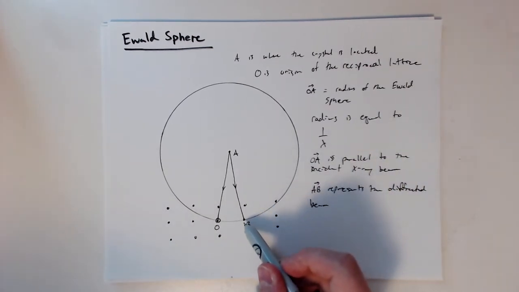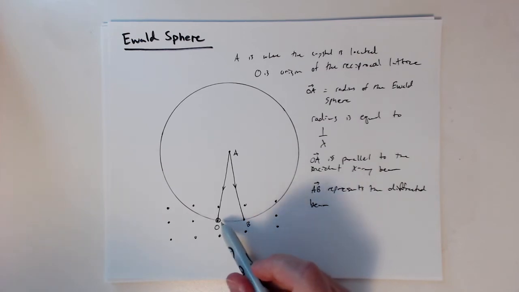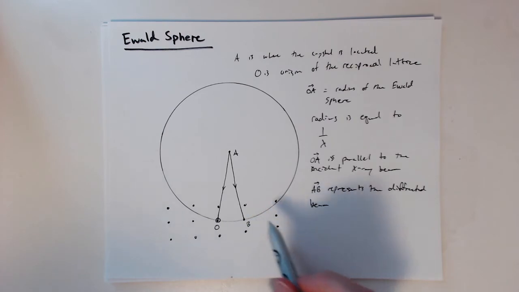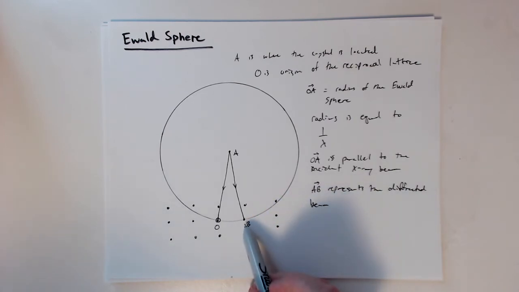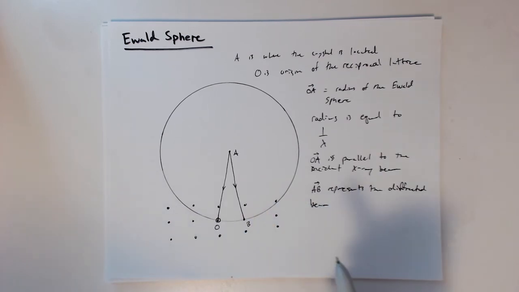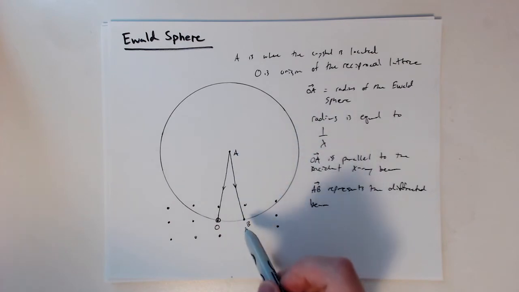Remember that a point B in a reciprocal lattice represents a vector from the origin to point B, which represents a set of planes in real space. So by saying there's a diffracted beam at point B, we have a real space plane represented by B. AB represents the diffracted beam.